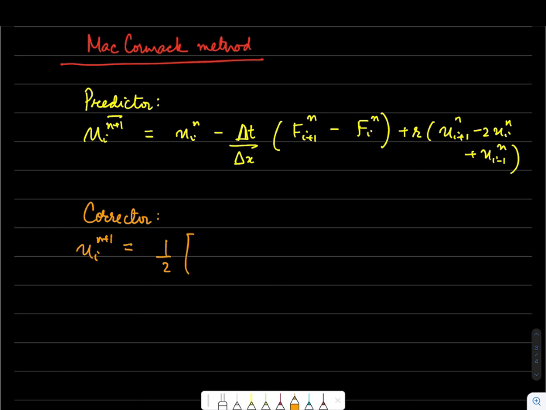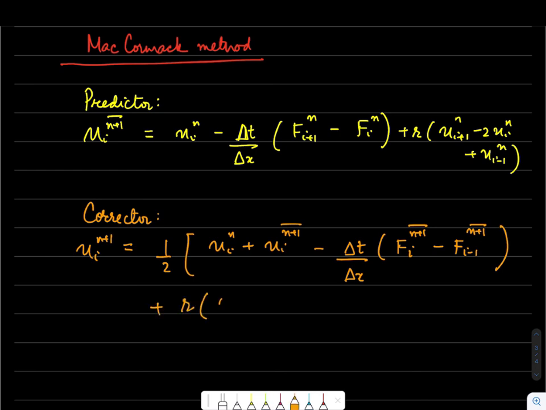So this becomes half, and please recall this or verify this with the MacCormack scheme that we just did in the previous lecture. So this becomes minus delta t by delta x (f_i^(n+1) minus f_(i-1)^(n+1), of course bar in both quantities) plus r times (u_(i+1)^(n+1) bar minus 2 u_i^(n+1) bar plus u_(i-1)^(n+1) bar).